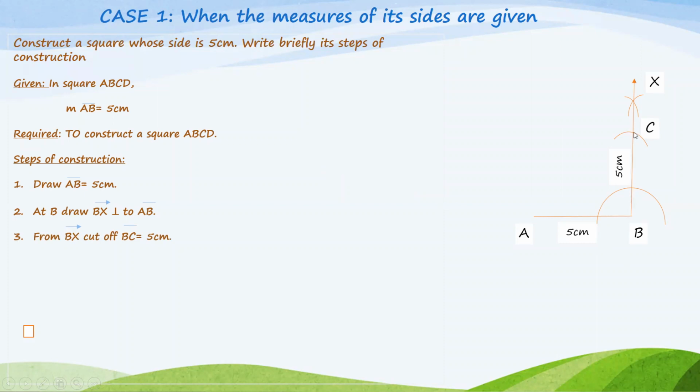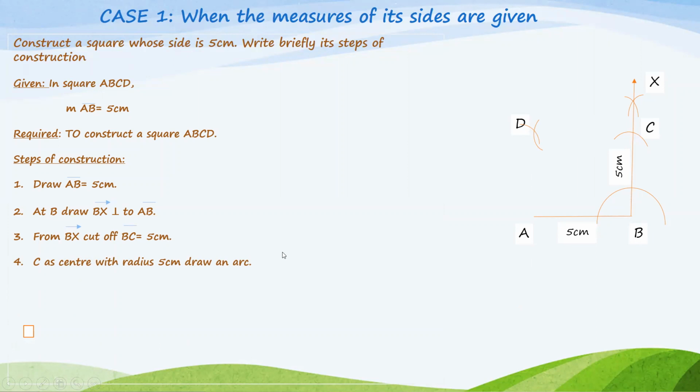Now you have to put the compass at C with the measurement of again 5 centimeter and draw an arc like this, because it's a square having four sides equal. So with C as center and radius 5 centimeter, draw an arc.